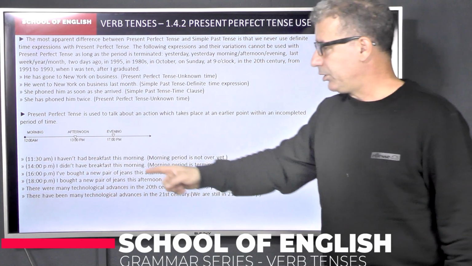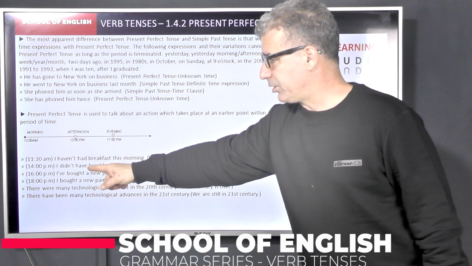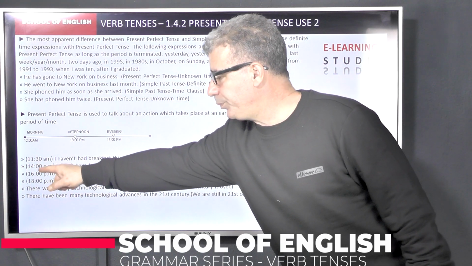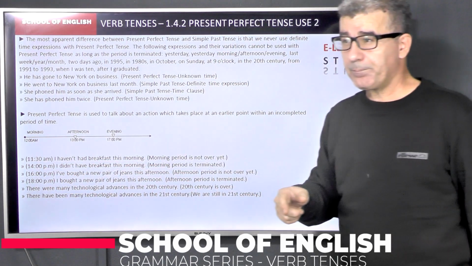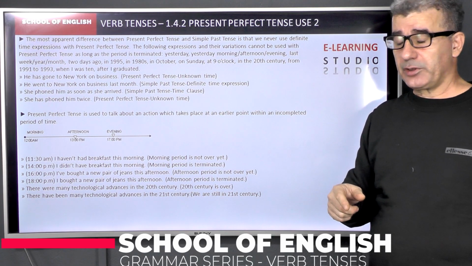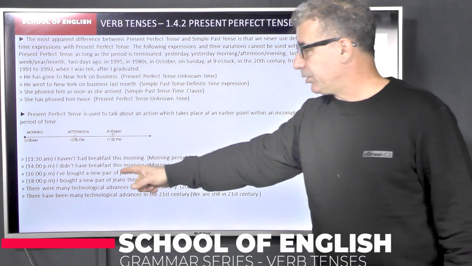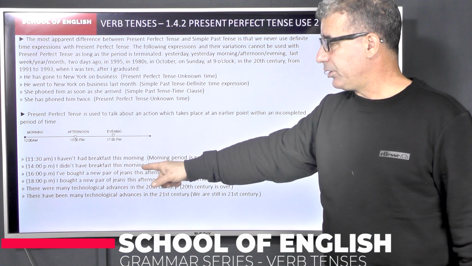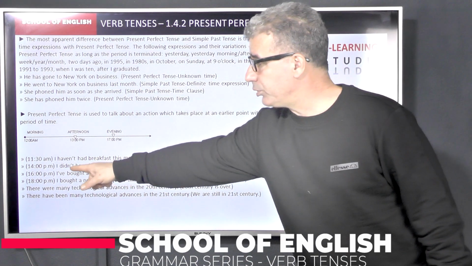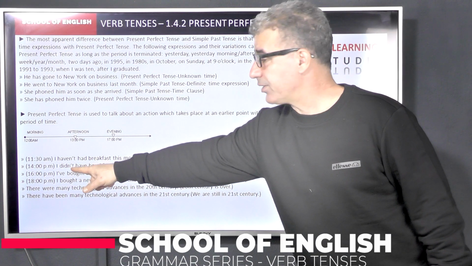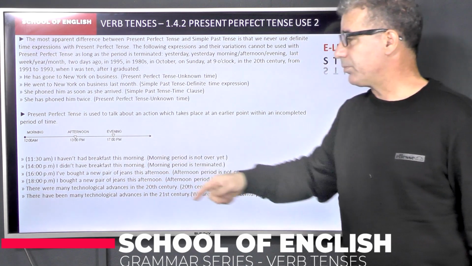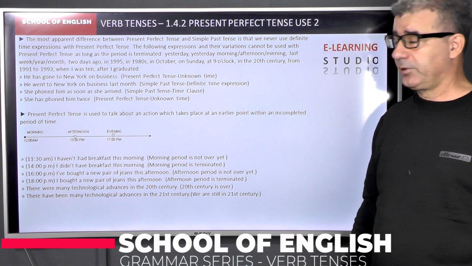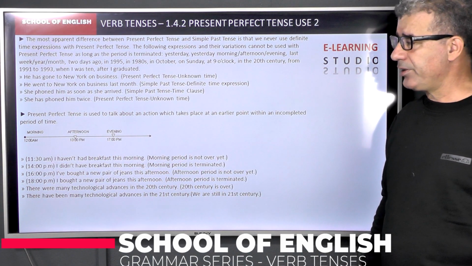But if you say this sentence at 2 p.m., then the morning period is over. It means that this morning is terminated. So you should use simple past tense. I didn't have breakfast this morning. See, it's very simple.